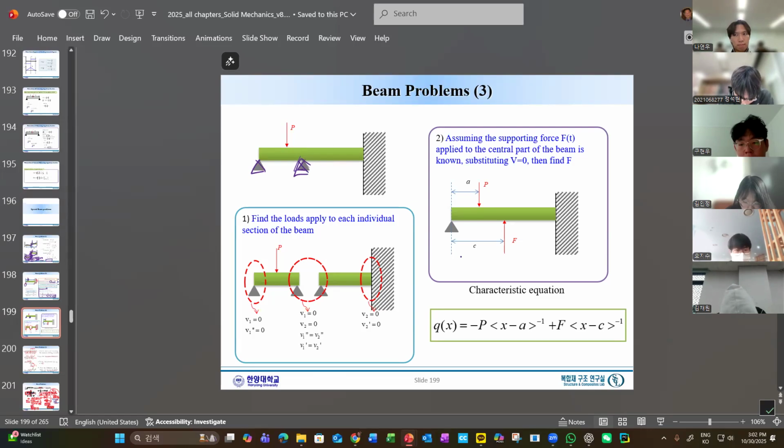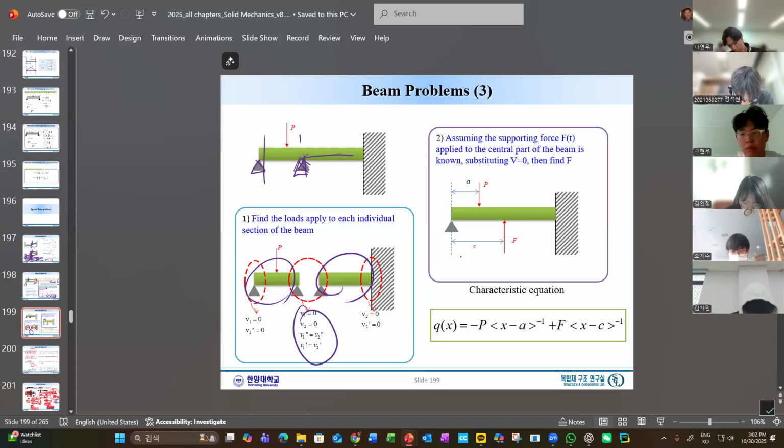We can, say, separate them into two beams like that, and we have a certain condition here, and then we can get the unknown equation.